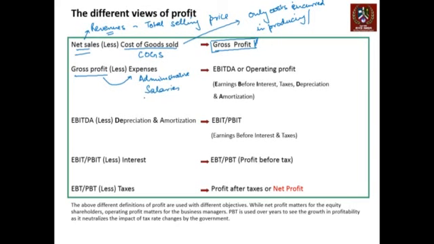Other costs related to probably marketing, R&D, advertisements, which are not directly linked to the product, are all the other operational expenses. You subtract that, you get what is called earnings before interest, taxes, depreciation, and amortization. This is known as EBITDA, or also commonly referred to as the operating profit of the business.